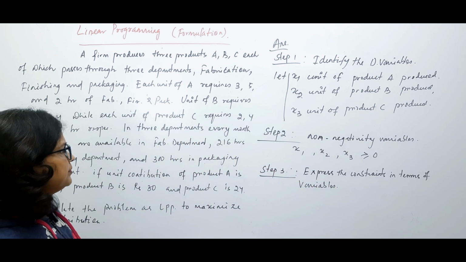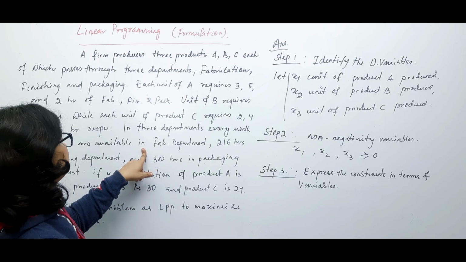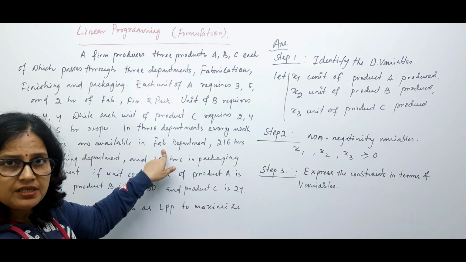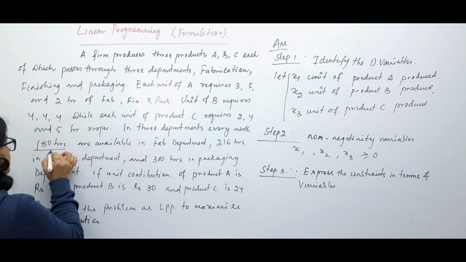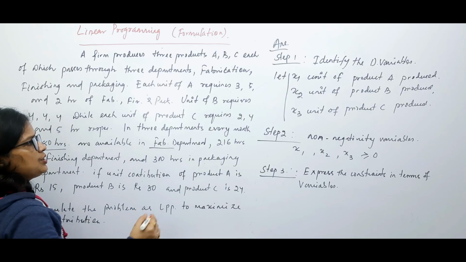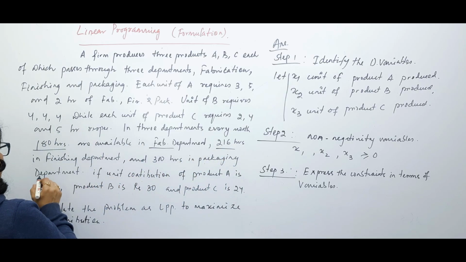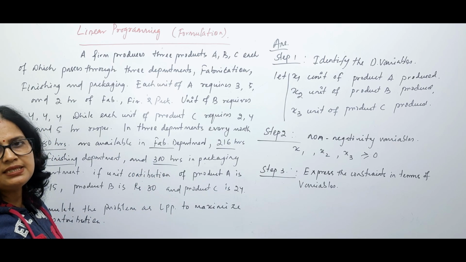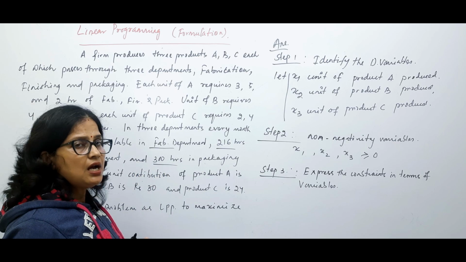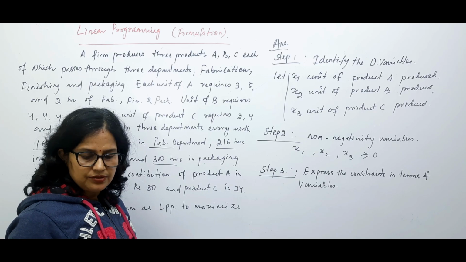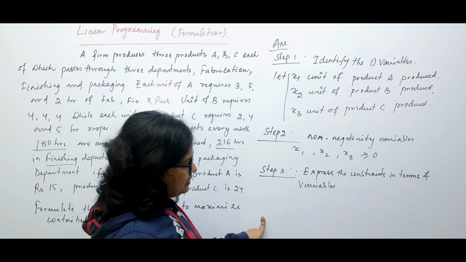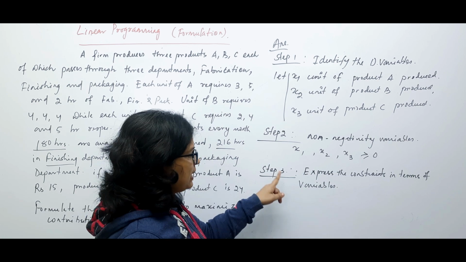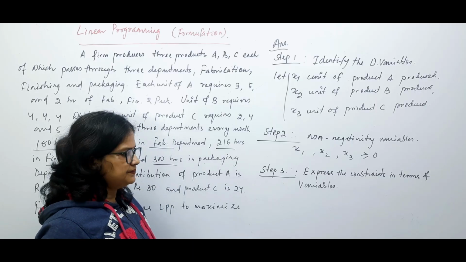From the question we can see our constraints: 180 hours are available in fabrication, 216 hours for finishing, 300 hours for packaging. These are our limitations. How are we going to write it? First we need to write it in a box form, all the limitations, so that we can write all the constraints.